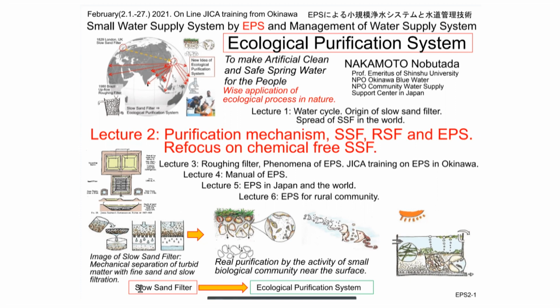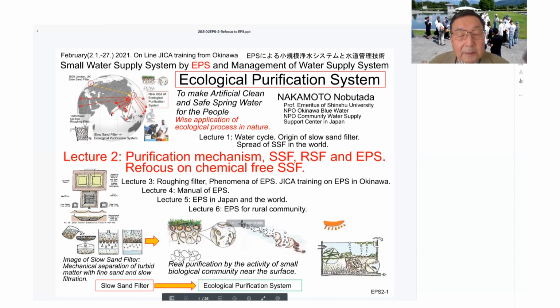Therefore they called it slow sand filter. But the real purification mechanism is the activity of small organisms, a small biological community near the sand surface. That is related to solar radiation and temperature.